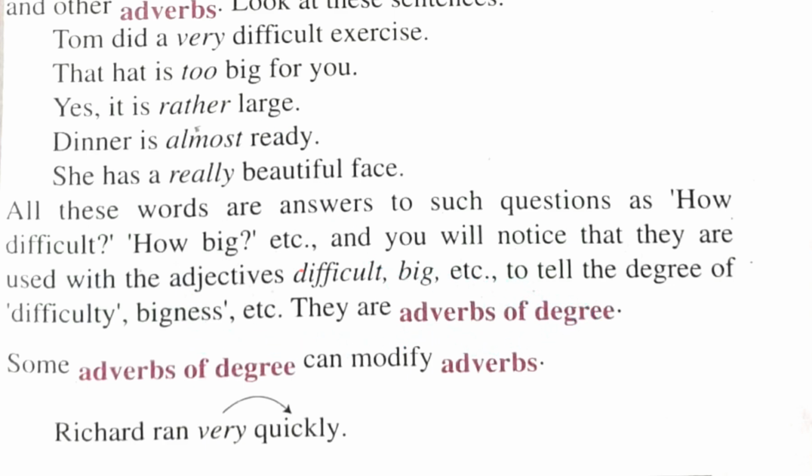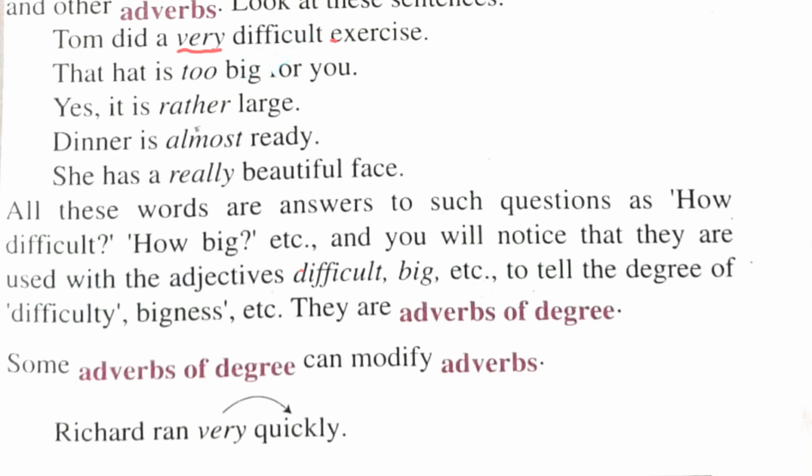So I want to tell you another way to remember. When I say Tom did a difficult exercise, if I don't think about this word first, that time we understand one type of work which needs hard work, or it is not easy. When I say Tom did a very difficult exercise, it means I am extending the word difficult, I am telling it's not as usual, it is more.